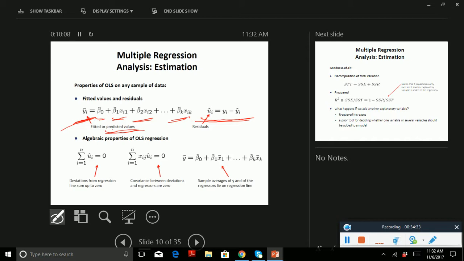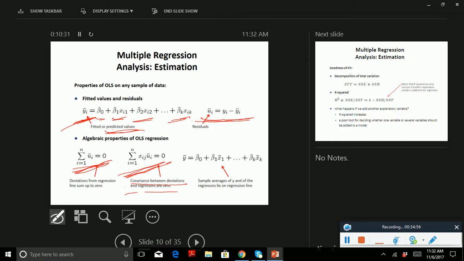Okay. So, algebraic properties of the OLS regression. We assume that the sum of the estimated error terms is 0. There is this zero conditional mean assumption, or the covariance between the deviations and the regressors is 0.